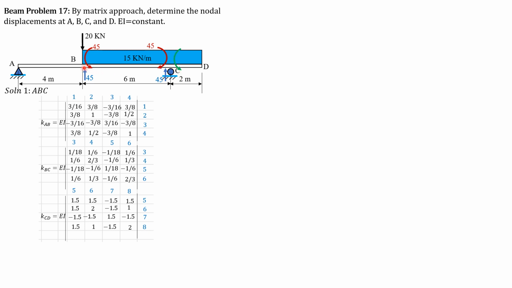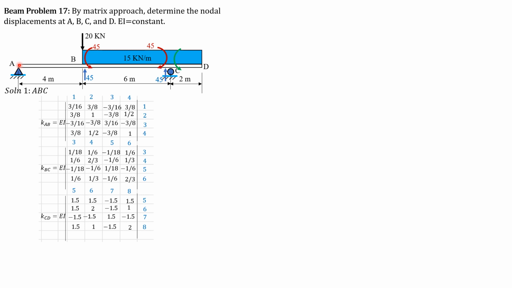Therefore, the nodal force at 3 would be negative 20 and negative 45, negative 65, because the fixed force is 45 downward. And for the moment load, it is opposite to 45. This is counterclockwise, so it is clockwise, so negative 45.